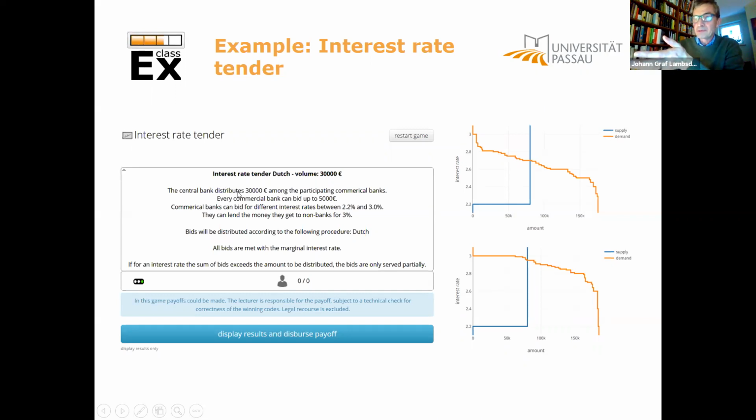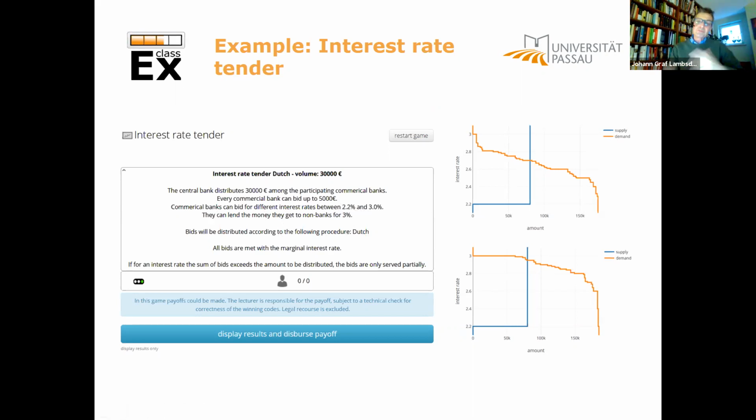You as the lecturer, you would be the central bank distributing 30,000 among the participating commercial banks, and each bank can bid up to 5,000 euros, and they bid between 2.2 and 3%, and they would lend out the money to non-banks for 3%. So they would live on the difference. So here, Dutch means all bids are met with a marginal interest rate.